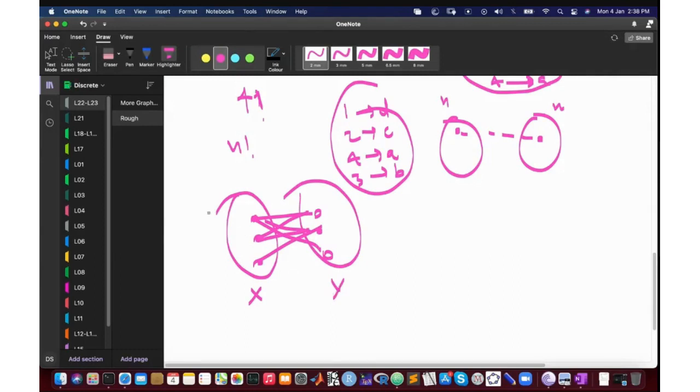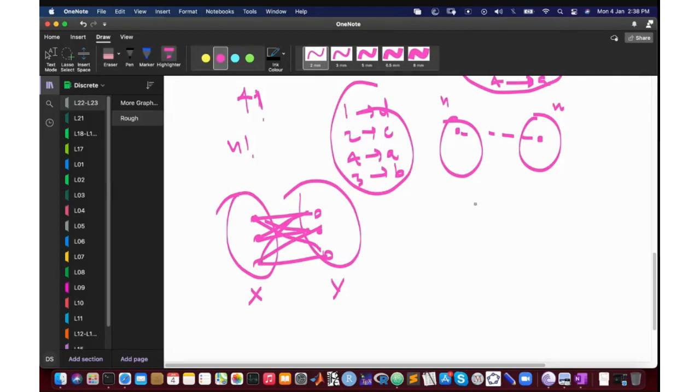Since there are no edges here, this set is an independent set, कि यहाँ पे कोई edge नहीं है. इसी तरह y में भी कोई edge नहीं है. There are a lot of edges between x and y, and it's possible कि यहाँ पे भी बहुत कम है. I don't care, but it's possible that there are a lot of edges in here. This is a bipartite graph because I can partition the vertex set into two parts, and these two parts don't contain any edges in themselves.